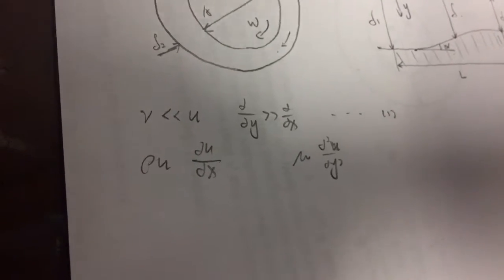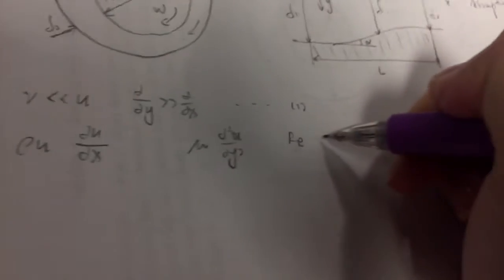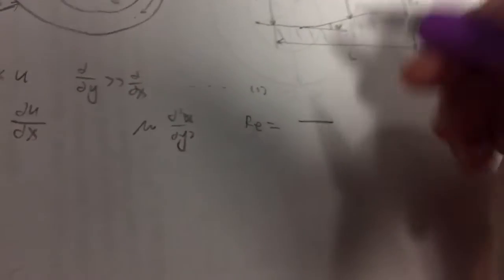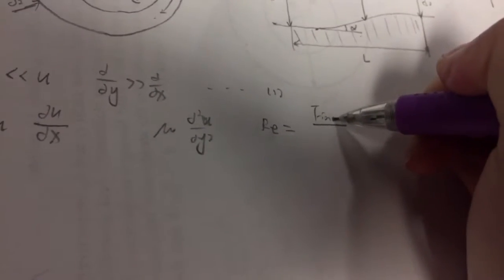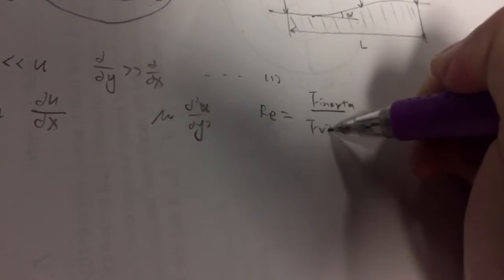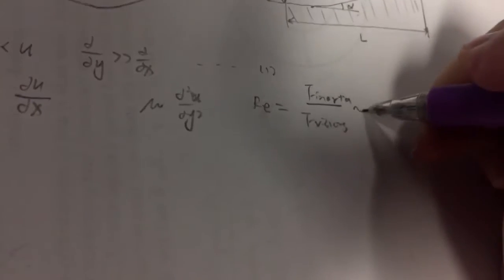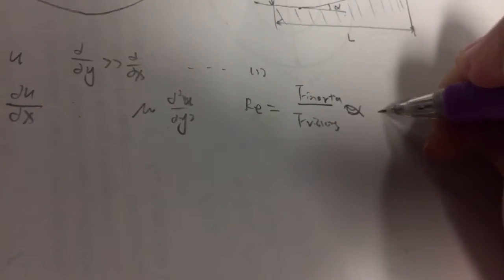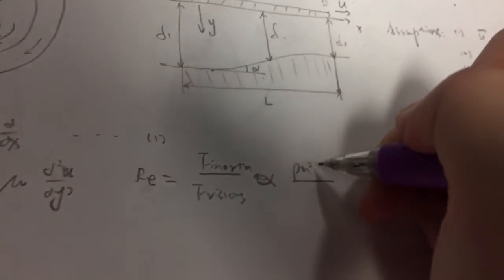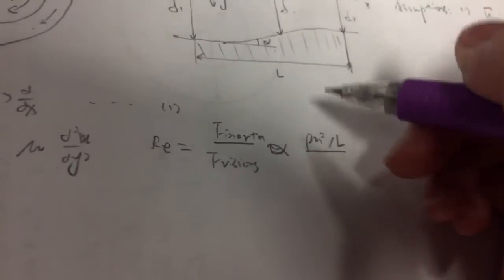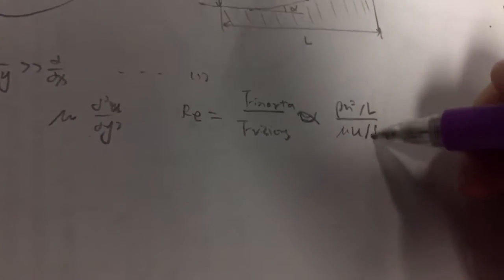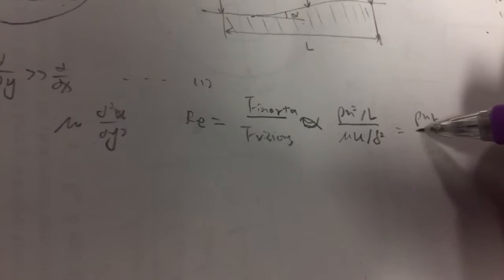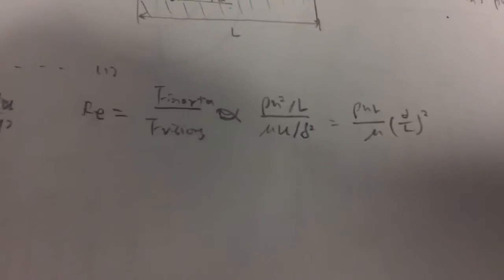The Reynolds number will be the ratio of F inertial to F viscous, and dividing these, finally we get that one, right? Alright, so this is our equation 2.